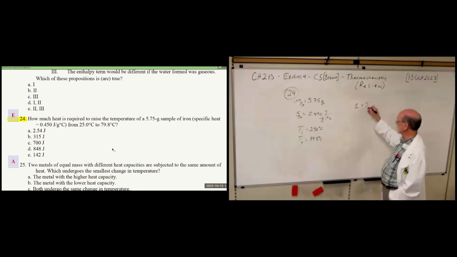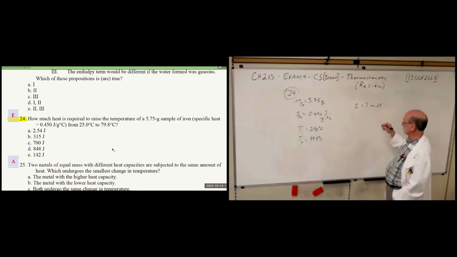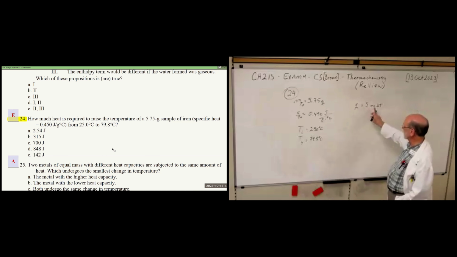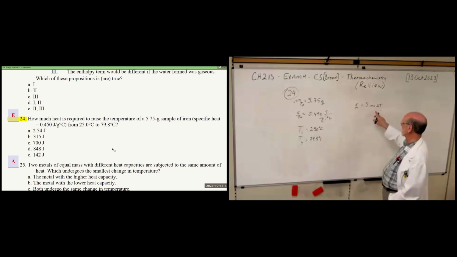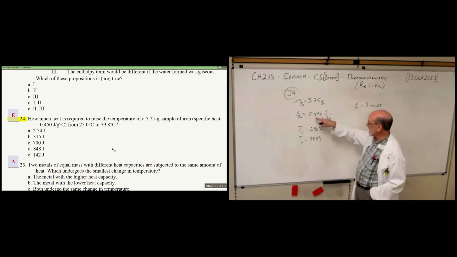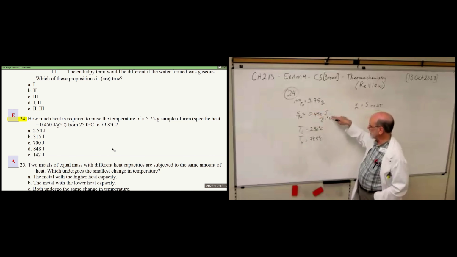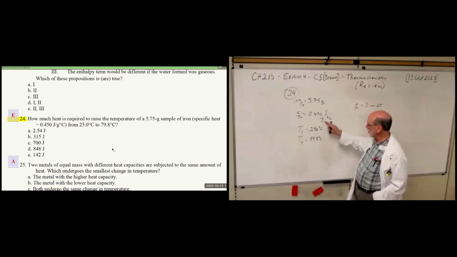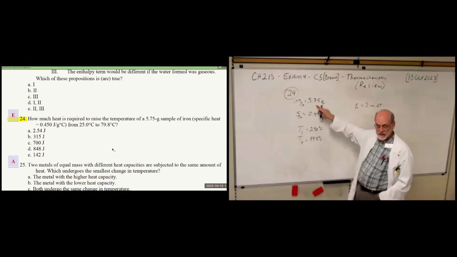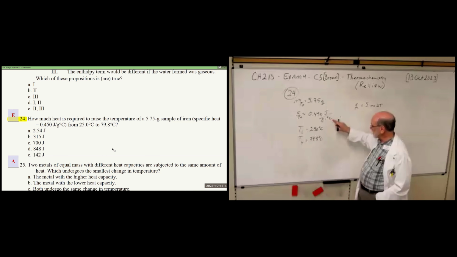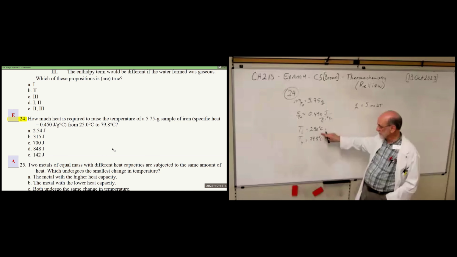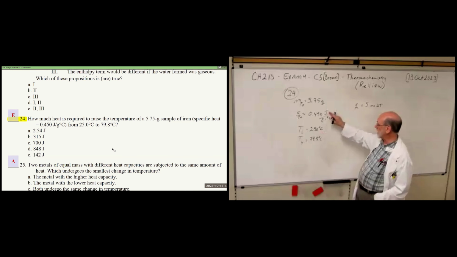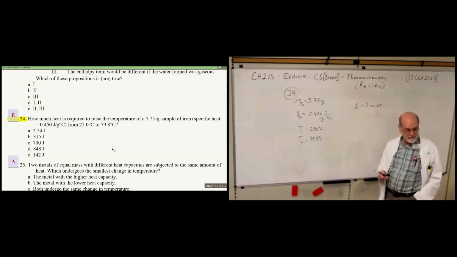It's S times mass times delta T. So the specific heat, the mass of the substance, and the mass is determined by this value right here. This is a constant. So if this has grams in it, that needs to be grams. This has degrees C, this needs to be degrees C. And then our answer will come out in joules.